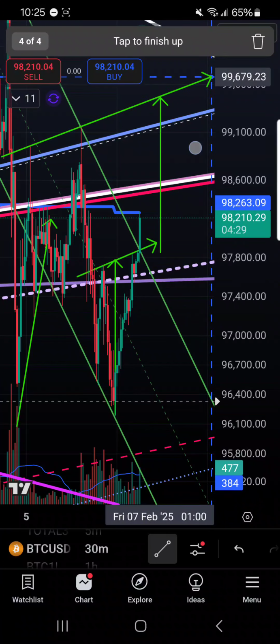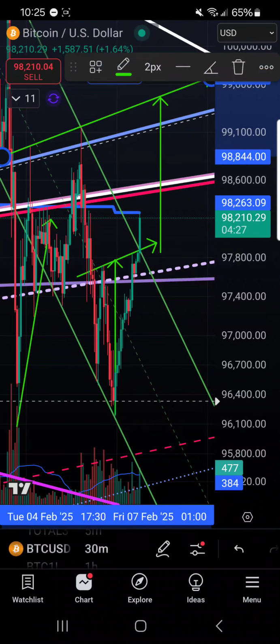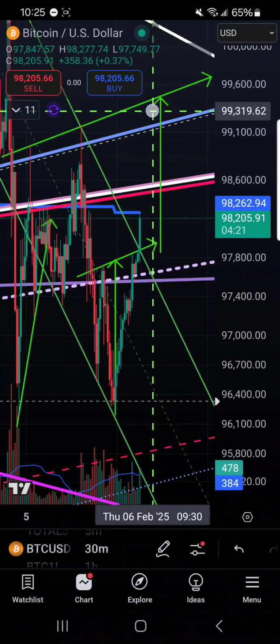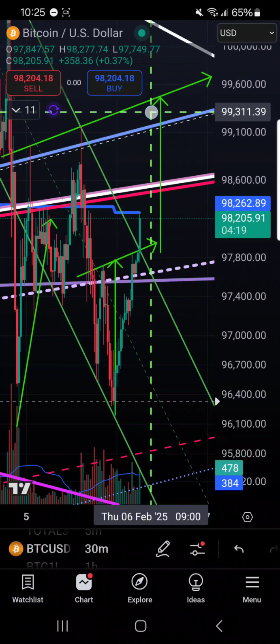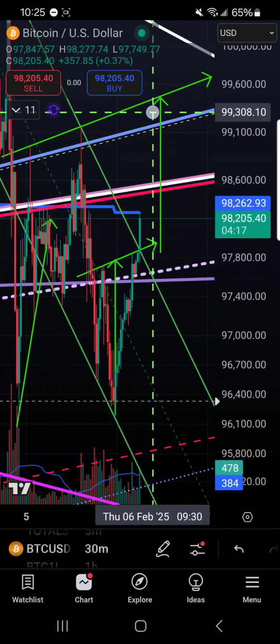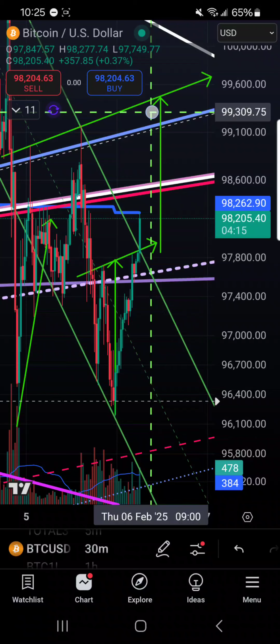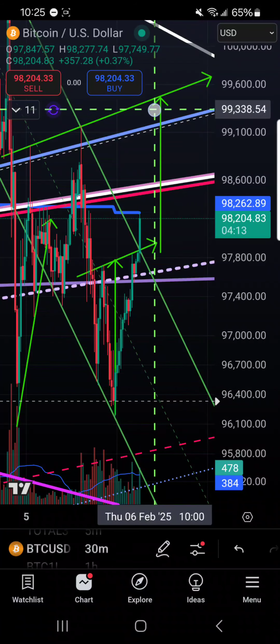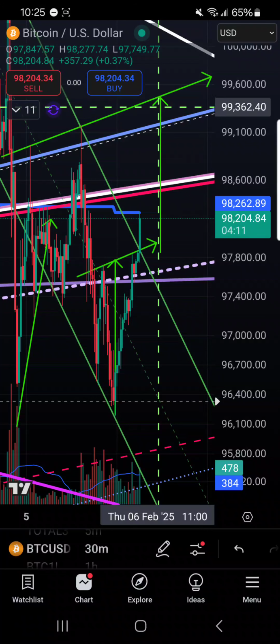Like that. So now, what kind of time frame would that be? Well, sometime when Europe opens up for trading, possibly.